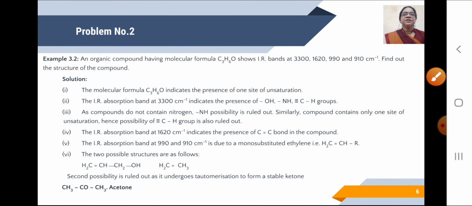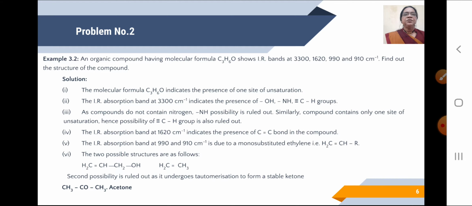Now see the next example. An organic compound having the molecular formula C3H6O shows the IR bands at 3300, 1620, 990 and 910 per centimeter. Find out the structure of the compound.